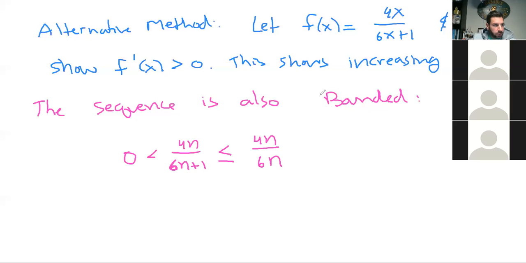So we can actually write this as 4/6, which of course is 2/3. So there's names we give to these numbers that are very important, particularly in advanced math. We would call this a lower bound. And we could call this number an upper bound.